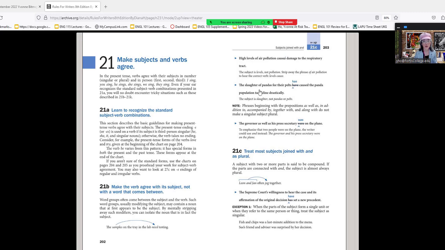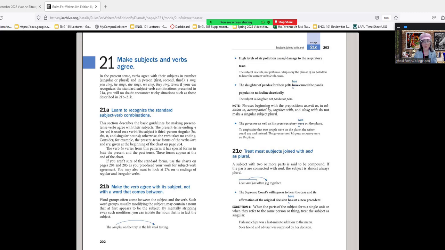Of pandas and for their pelts are prepositional phrases, so the subject of the sentence is slaughter, not pandas or pelts. Therefore, you have a singular subject, slaughter, and a singular verb, has.